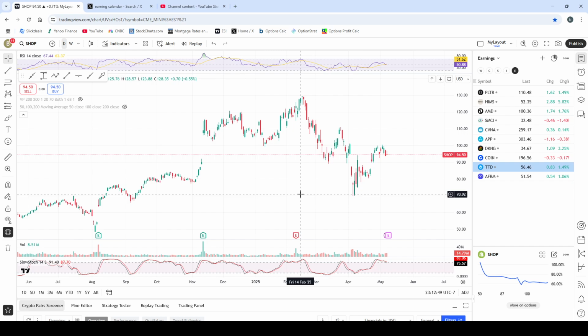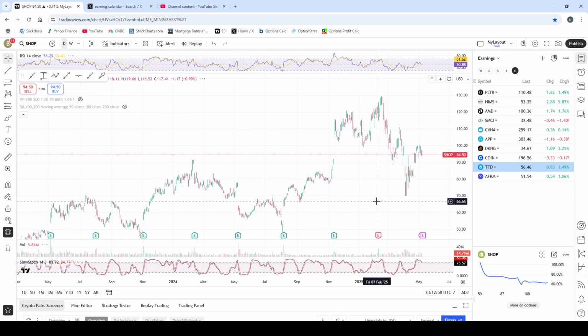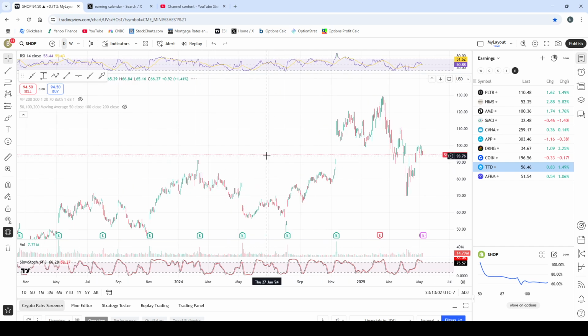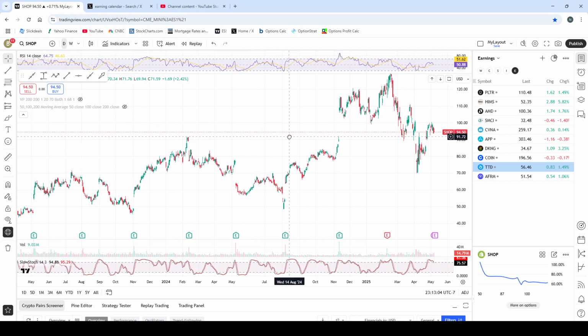I should say the direction of a stock. Okay, so first, when I look at a stock, I want to bring it back to at least about 2 to 3 years and see where it is.